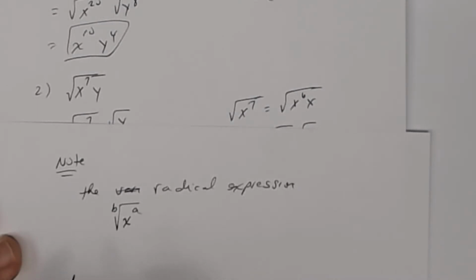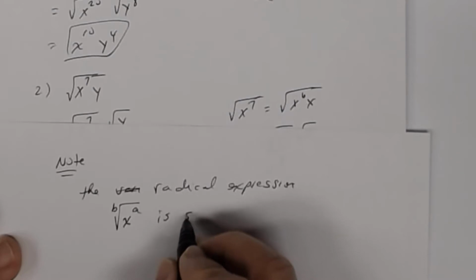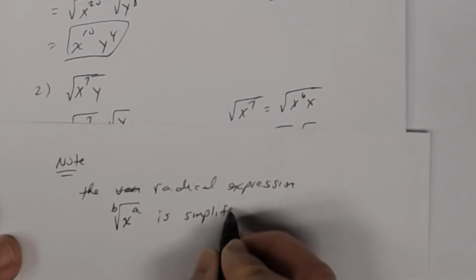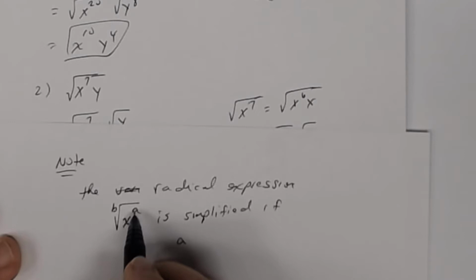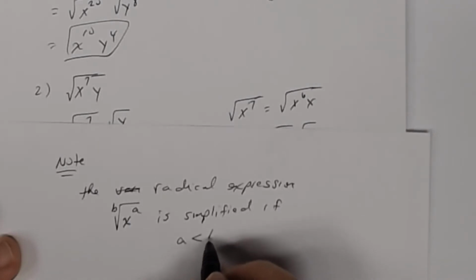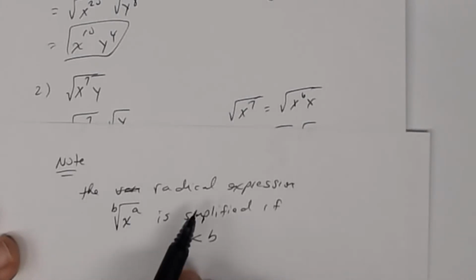This radical expression is simplified, meaning you can't do anything else with it, if the exponent of the variable a is less than the index b. So a has to be less than b. The exponent has to be less than the index. Less, not equal to, not greater than, less.